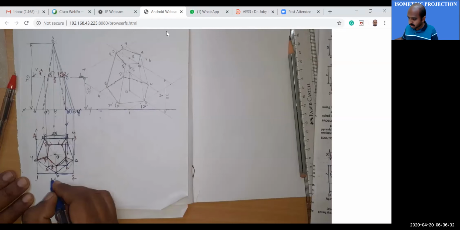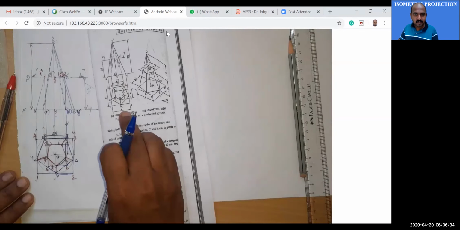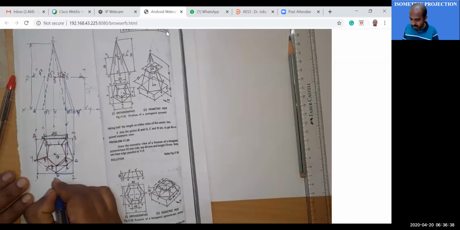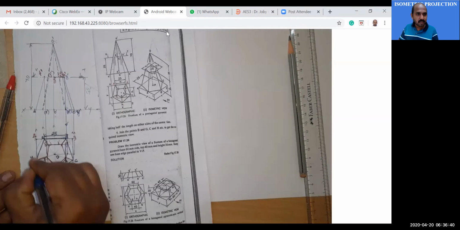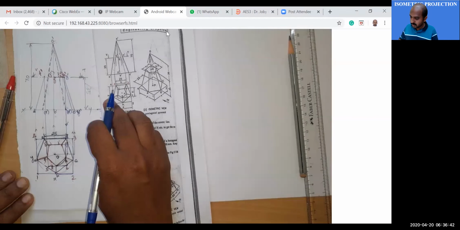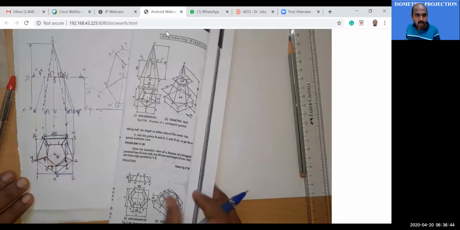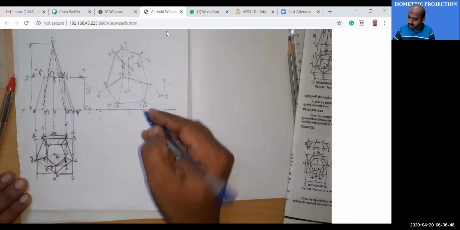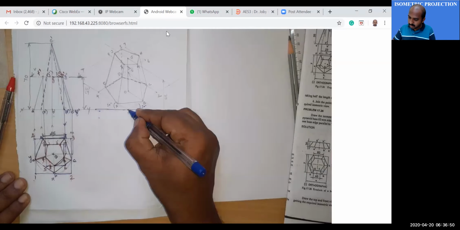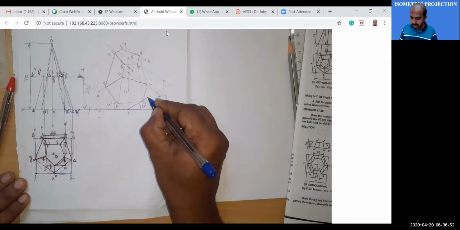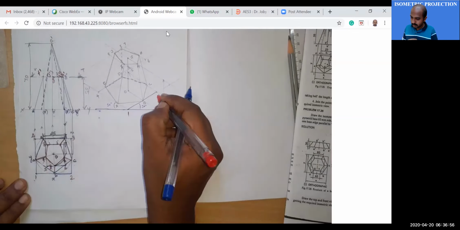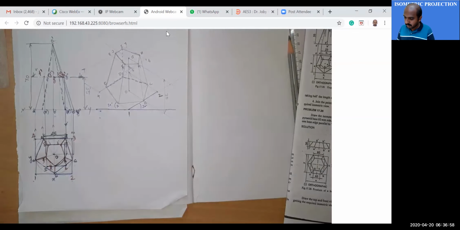In the figure it is mentioned as X, so you mark it here as X. And this length 1 4 as the Y. So you measure 1 2 and mark it on this 30-degree line.